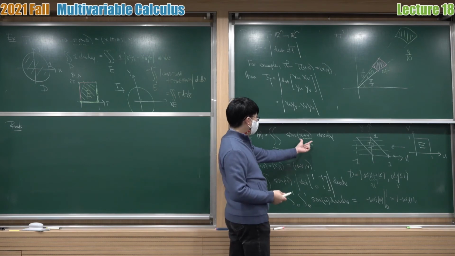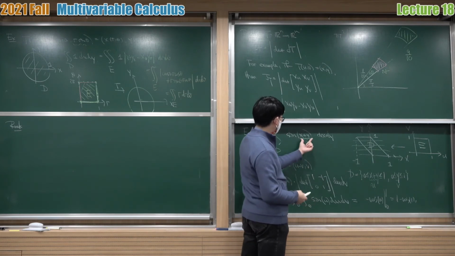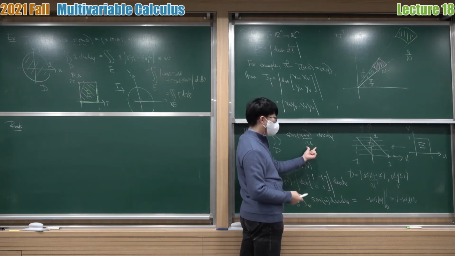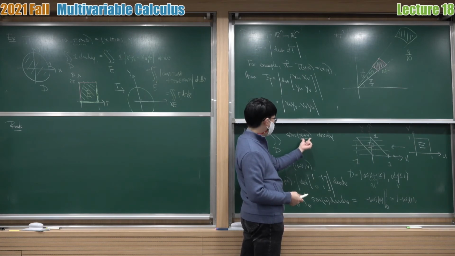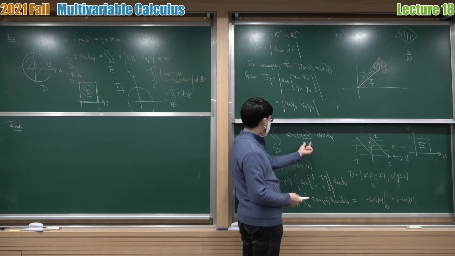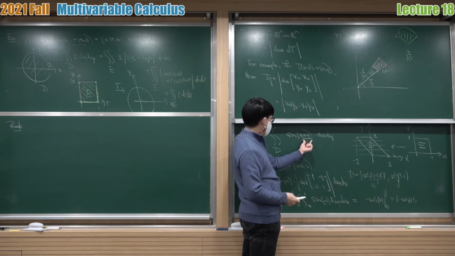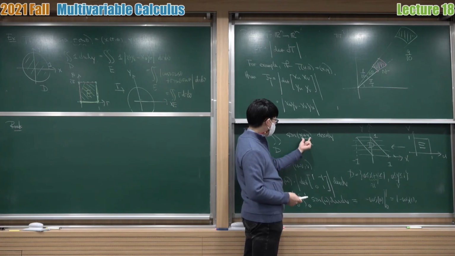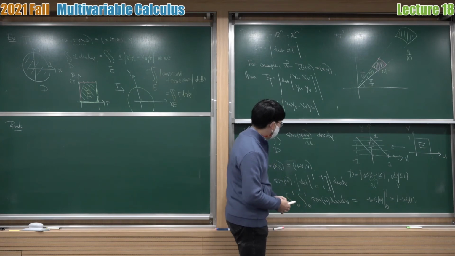That involves what kind of variable I should replace with. Something like x plus y should be replaced with u in order to make it simpler. So I have a function of x and y in terms of u comma v.